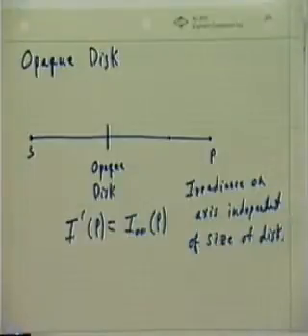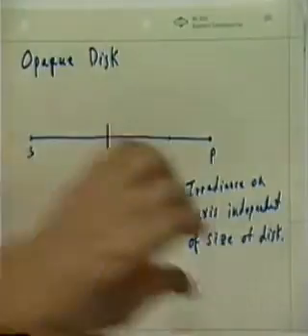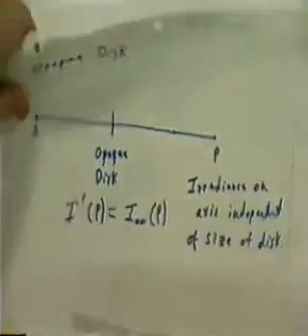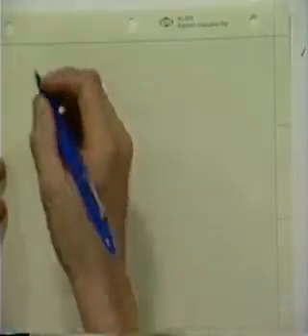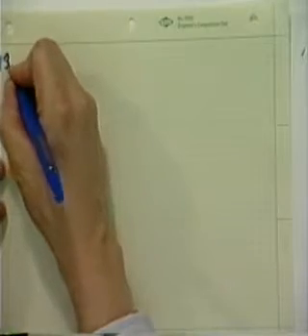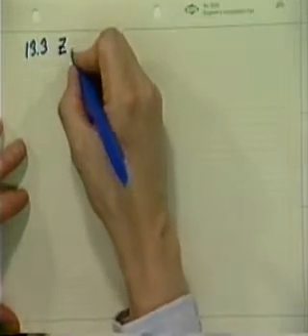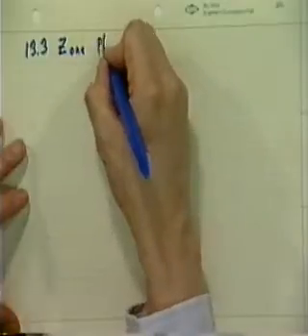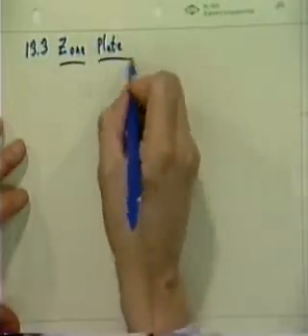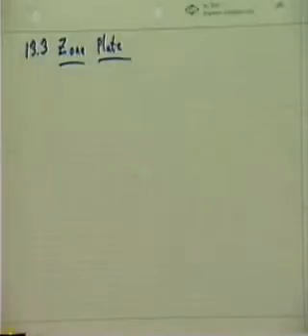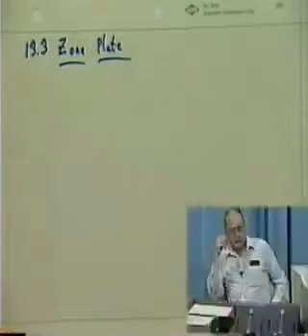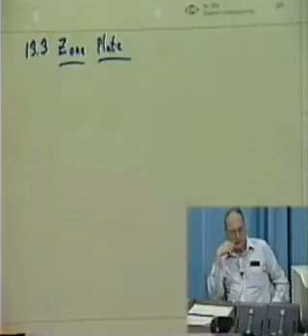Okay. Well, then let's go up to new material here. And this is section 13.3. And this is going to be called zone plate. Well, I think, so far we've seen that looking at these Fresnel zones is a nice way to get a good feel as to what's happening to the irradiance.